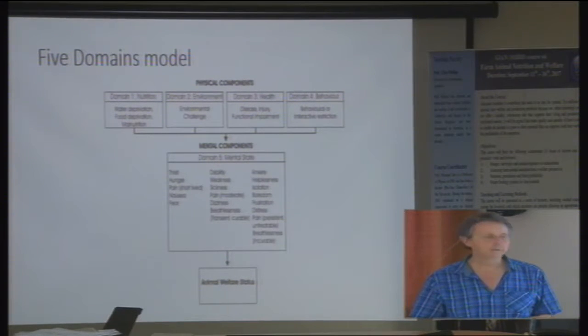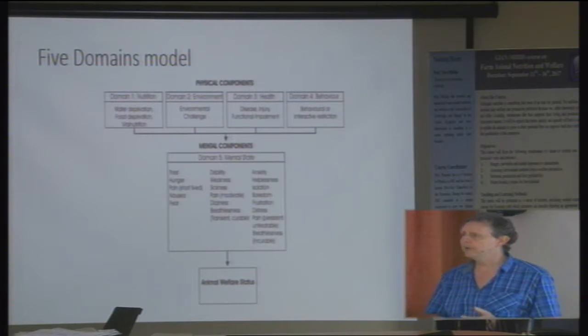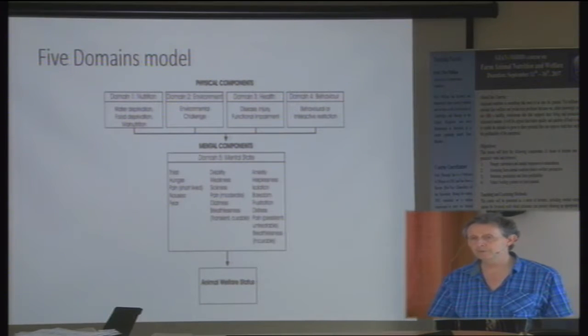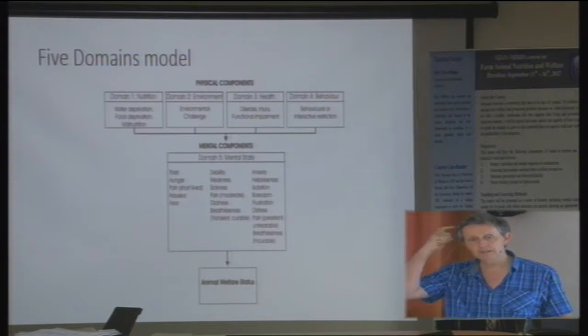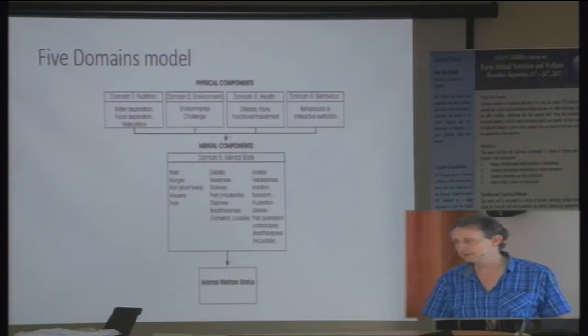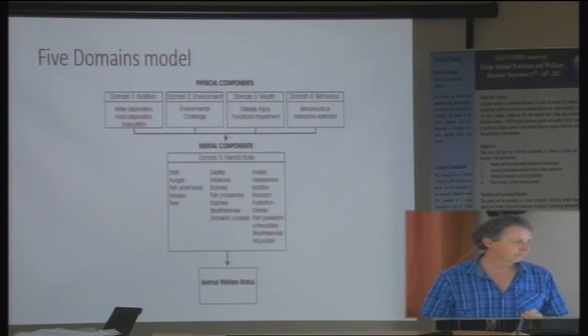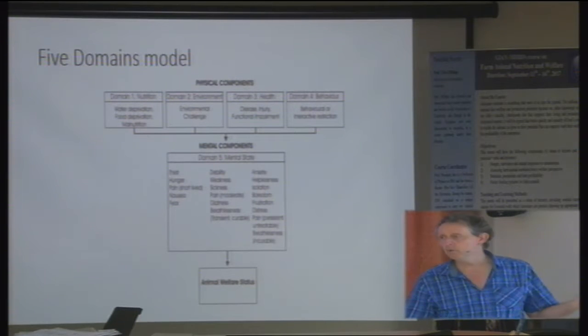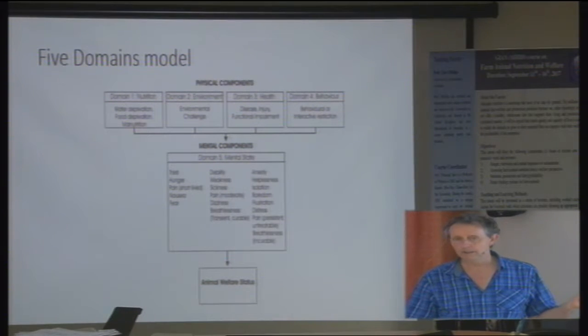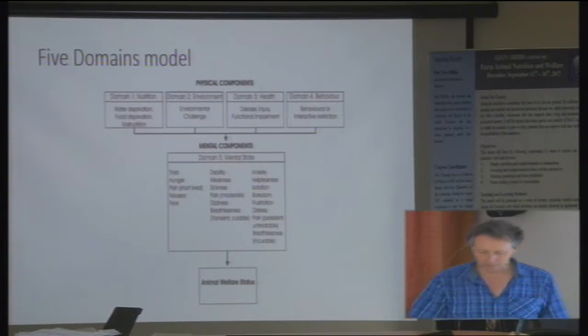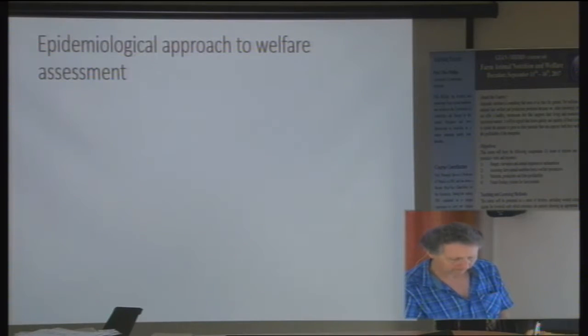So the mental components are saying, okay, what really matters from the animal's welfare point of view is what the animal feels in here. Does she feel happy or does she feel sad? So it is a more accurate model and is increasingly being used to evaluate welfare.